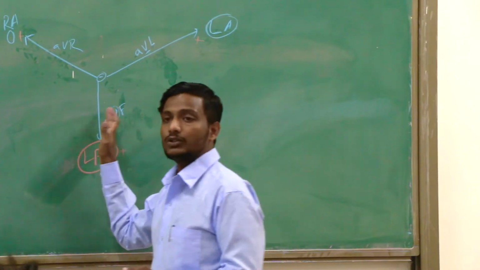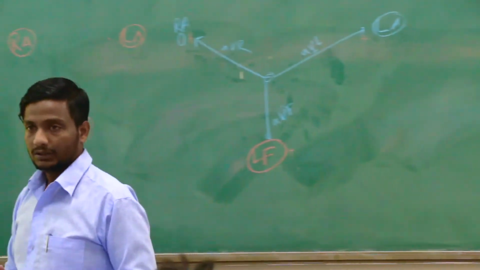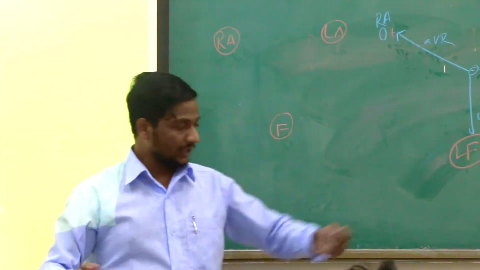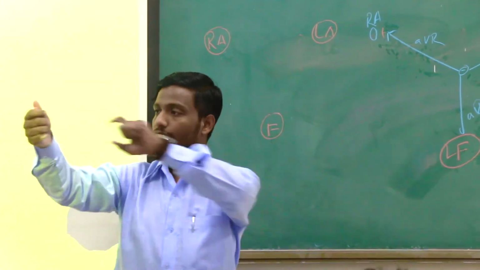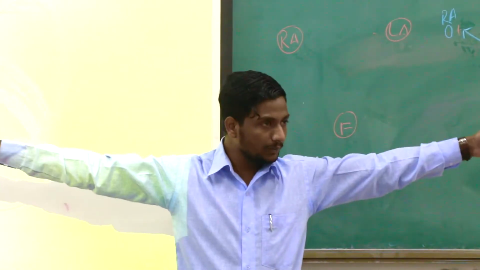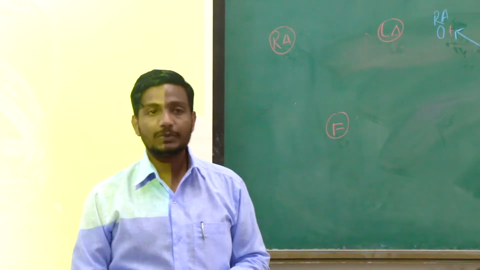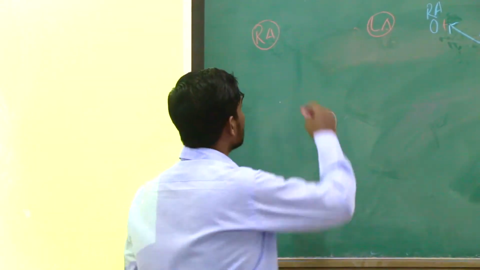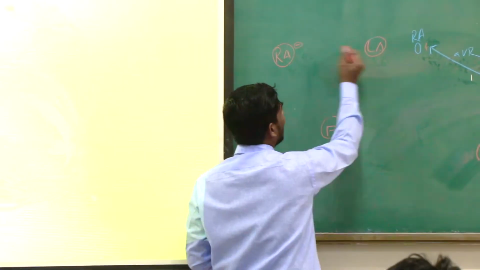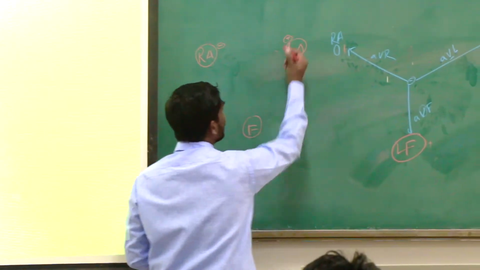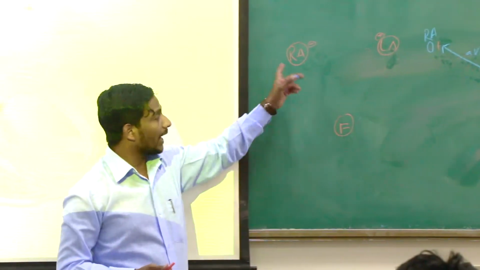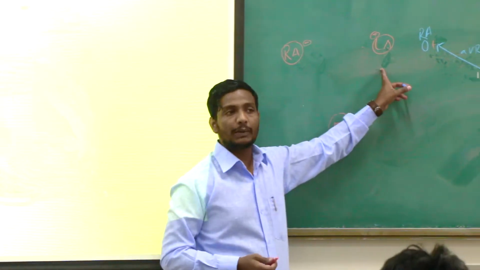But I am telling you that they also can behave as what? Bipolar. And when they behave bipolar, for example, when they are working in combination, this right arm and this left arm, the ECG machine has been designed in such a way that this right arm will behave as negative and the left arm will behave as what? Positive. The right arm will behave as negative and the left arm is going to behave as positive.